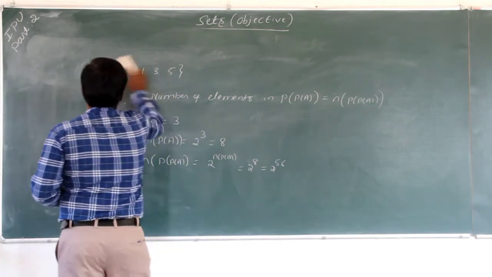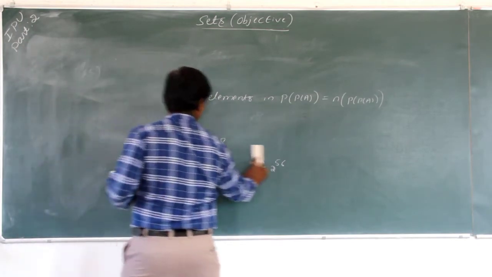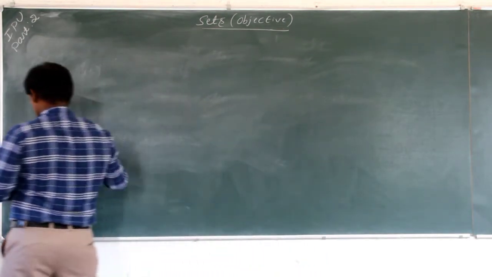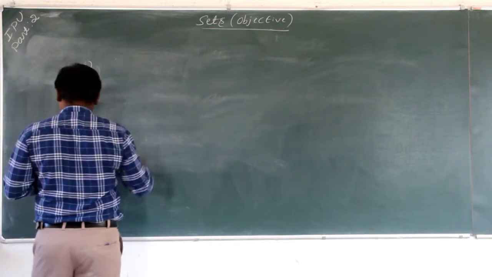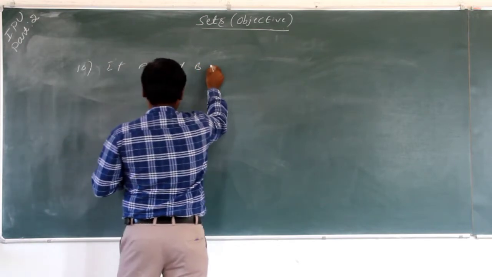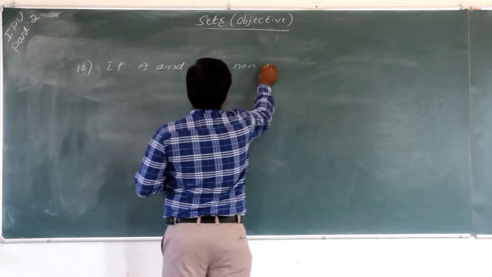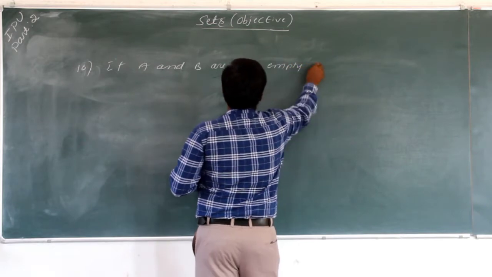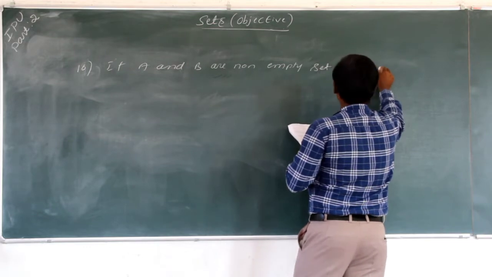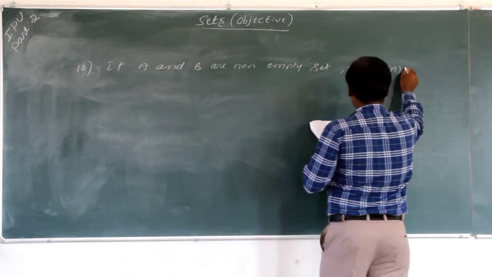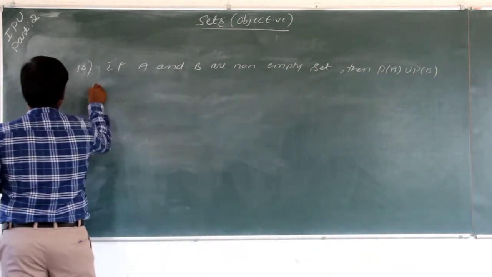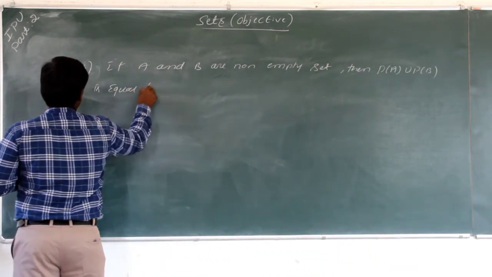Question number 16. If A and B are non-empty sets, then P of A union P of B is equal to which of the following?